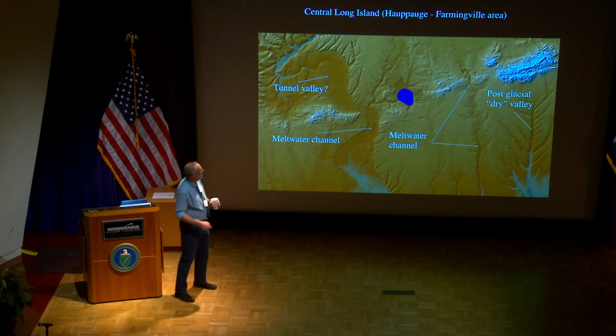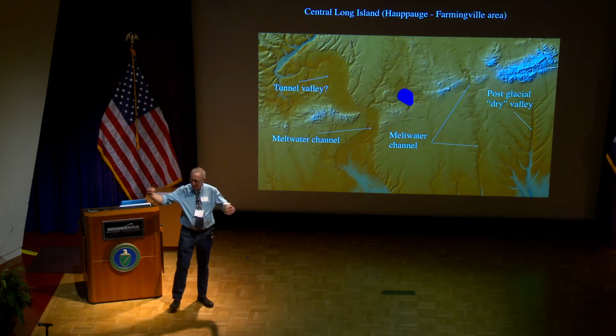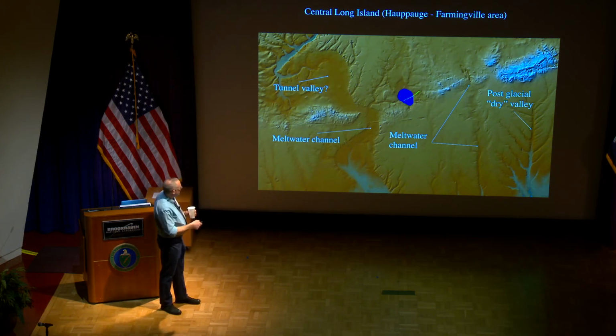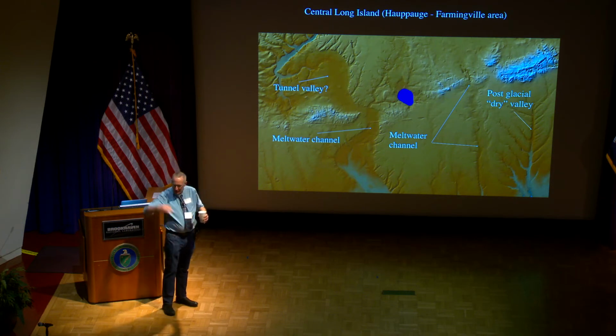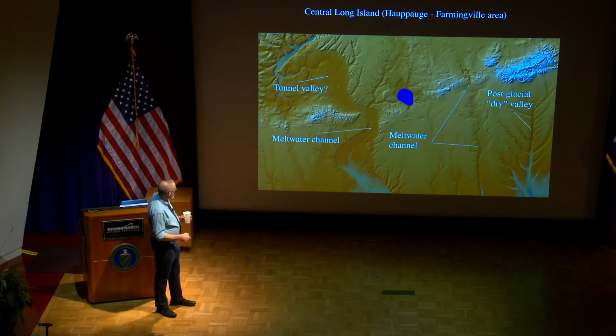If we look at central Long Island, there's Lake Ronkonkoma. Lake Ronkonkoma is a big depression left behind by a giant block of ice that got buried in the moraine. When the ice finally melts away, it leaves a hole that's deep enough that it intersects the water table, so you have a lake. There's the Nissequogue River up here, occupying what's probably an old tunnel valley.